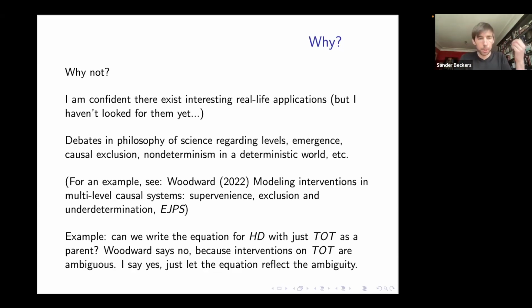Then the idea is that interventions on that total cholesterol level will be ambiguous because they might be realized in different ways. And therefore, we shouldn't be allowed to write an equation for heart disease just with total cholesterol as a parent, precisely because of this ambiguity.